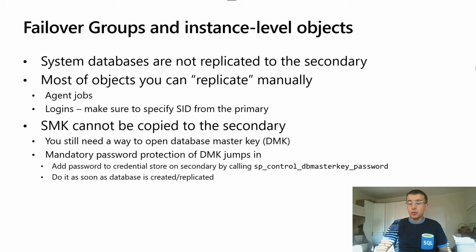You know your database master key's password, so you can call the sp_control_dbmasterkey_password stored procedure on your geosecondary and add that password to the credential store on the secondary side. Now, since this password is available to your system, the first time on the geosecondary after the failover that the system tries to open and read the encrypted master key, it will try with the local service master key. It won't succeed. However, thanks to the stored credential, meaning the password that you transferred from the primary, it will be able to use that credential and open the database master key.